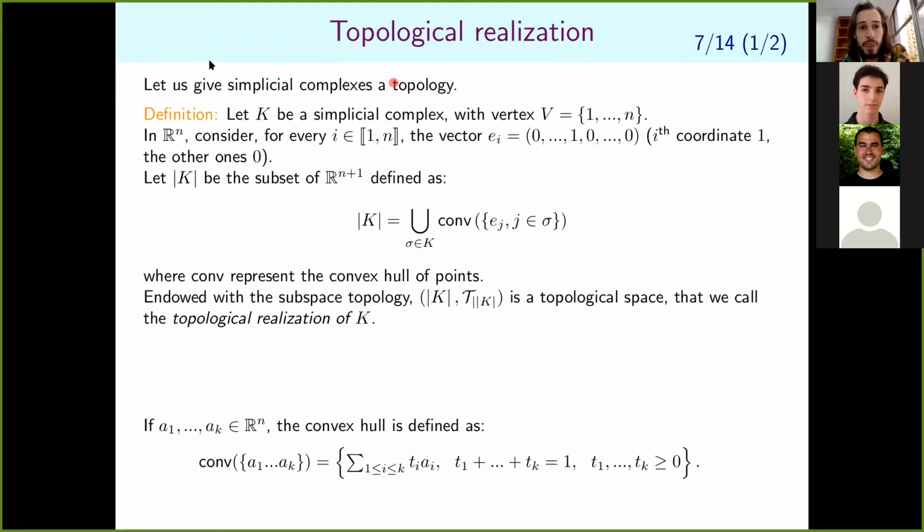To do so, take a simplicial complex, K, with vertex set that I denote 1, 2, until n. And for every i in this vertex set, consider the ith canonical basis vector of Rn.